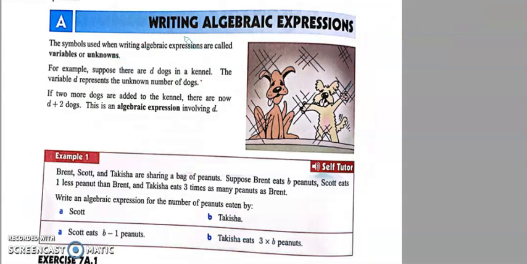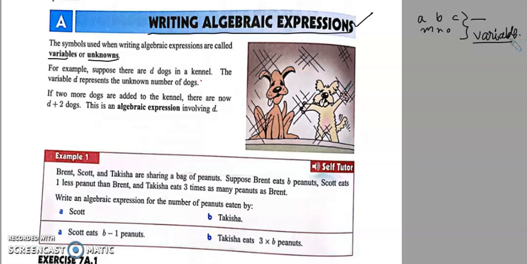Now, writing algebraic expressions, as you can see here. The symbols used when writing algebraic expressions are called variables or unknowns. We use the English alphabets A, B, C, whatever, M, N, O. So these are called variables, or also they are called unknowns.